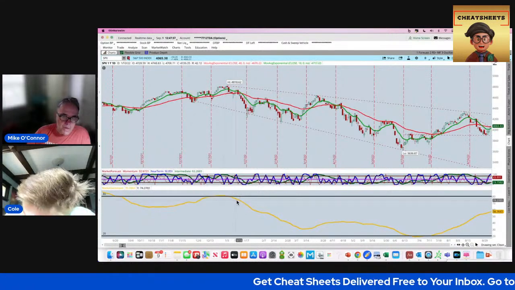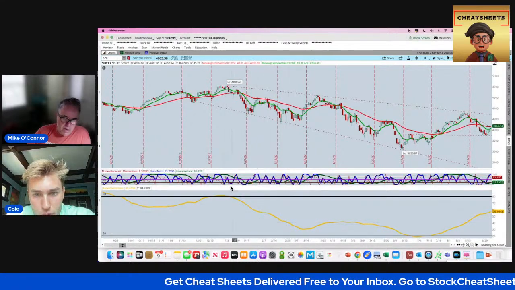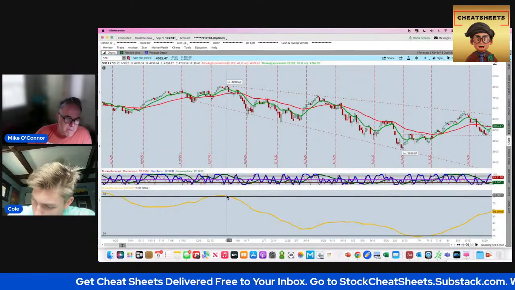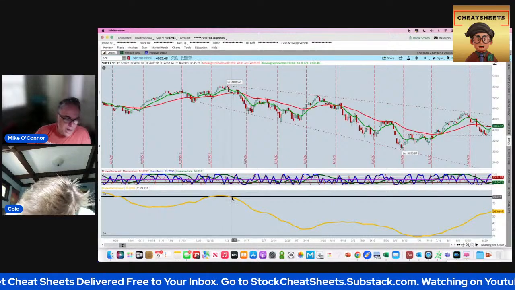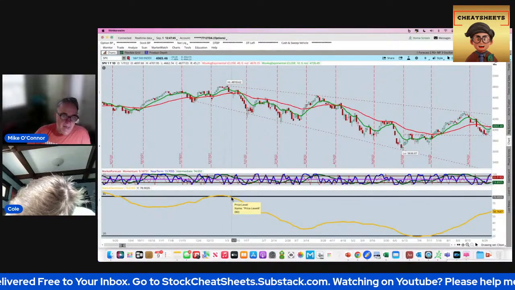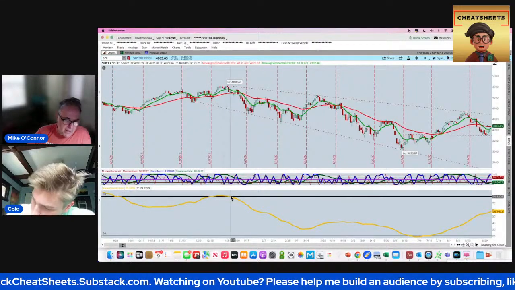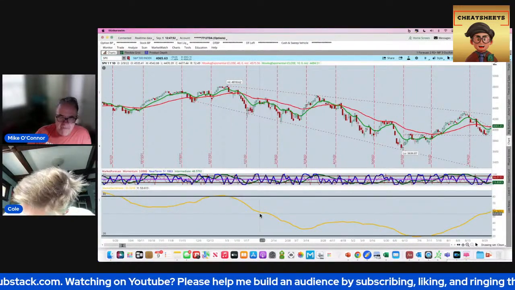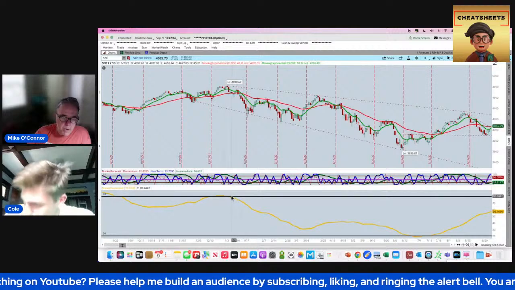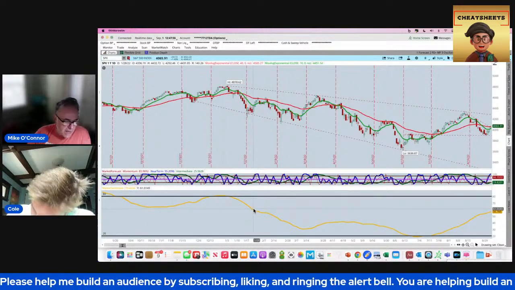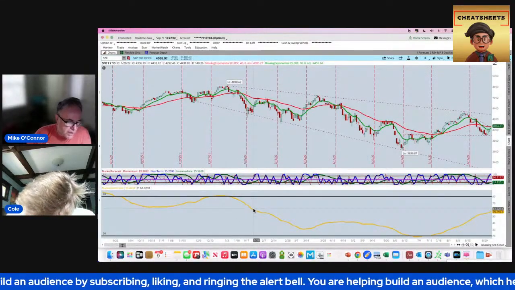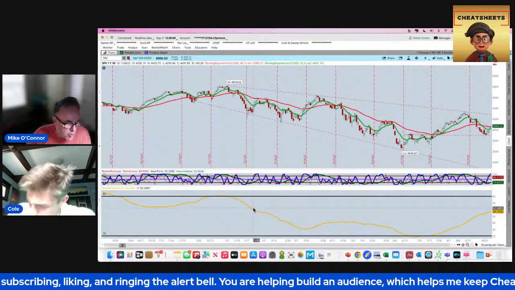When we start moving lower, below 80, we drop out of the upper reversal zone, we are bearish. But there are degrees of bearishness. So when we drop below 80 but we're still above 50, I like to call it, on cheat sheets, neutral minus.